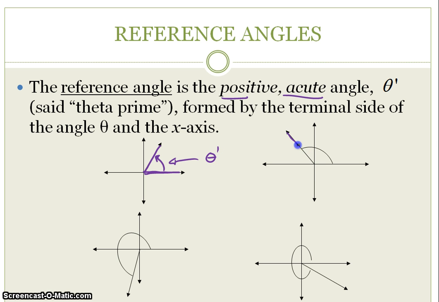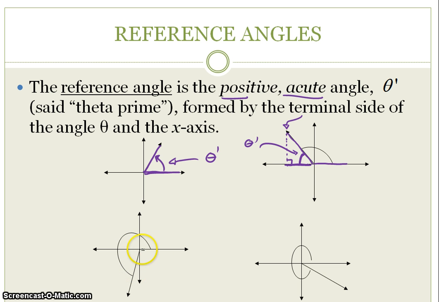But if you have an obtuse angle in quadrant 2, we have the terminal side here in quadrant 2, and we draw a perpendicular to the x-axis, and we'll be talking about this reference angle here. So this angle in that triangle is our theta prime.